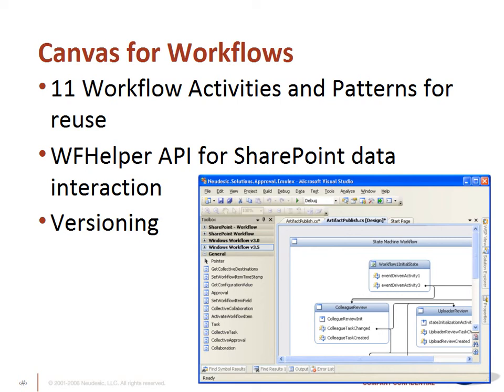We also provide a WF Helper API that allows you to kick off workflows, interact with the workflow, the current running activity. And the nice thing is that it's not just use these and you can't use anything else. You can use the full suite of SharePoint provided workflow activities in concert with our workflow activity library.